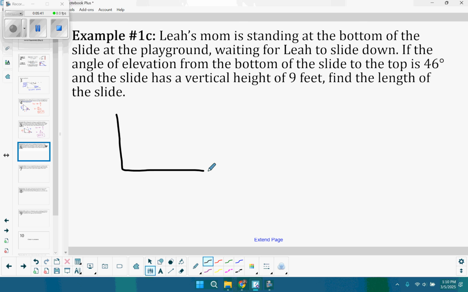So in our right triangle, we know it has a vertical height of 9 feet, an angle of elevation of 46 degrees, and they're asking the length of the slide. Now, if you're going to slide down the slide, you would be sliding down here. So that will have to be our variable.